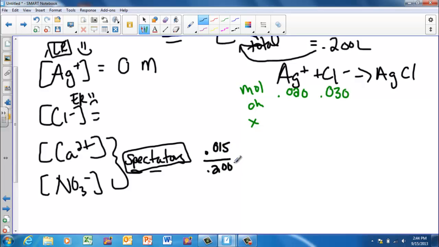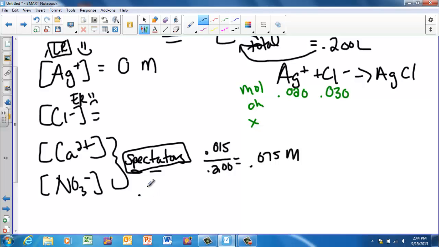0.015 divided by 0.200 liters. So calcium is going to be 0.015 divided by 0.2, which is going to be 0.075 molar for molarity.